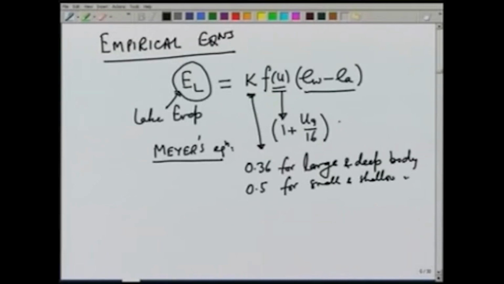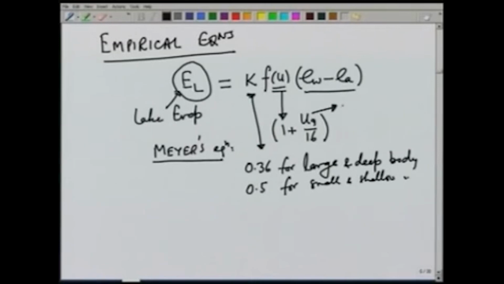Most of these equations were derived in the FPS units, and therefore this 16 term comes because instead of being in miles per hour, we use the wind velocity at 9 meter above ground. So u9 indicates that the wind velocity is measured at a distance of 9 meter from the ground.